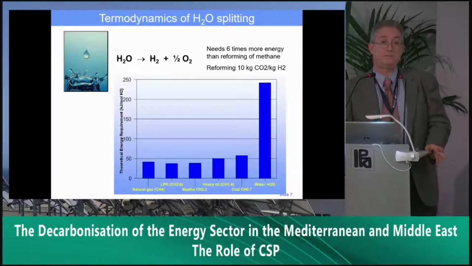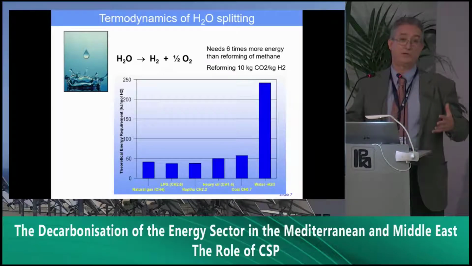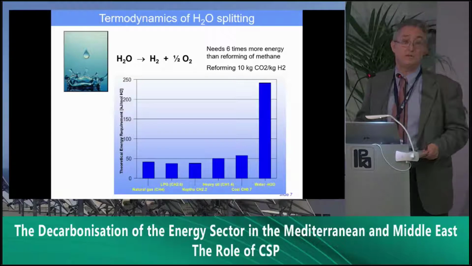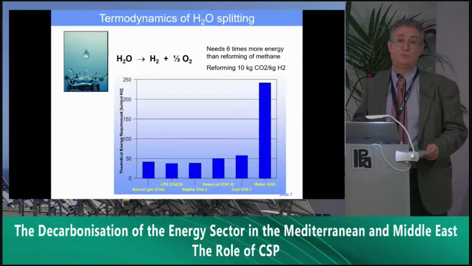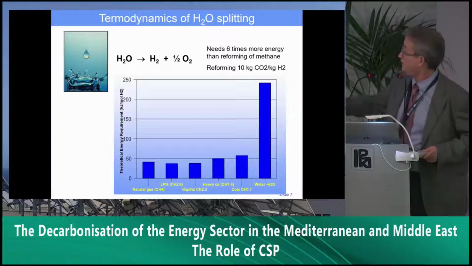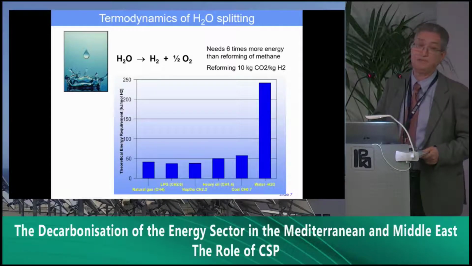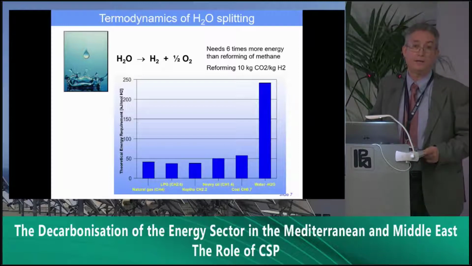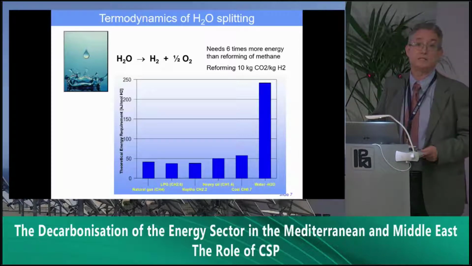But the problem, according to thermodynamics, when we go to these solutions, is the intensive demand of energy that we need to decompose the bond of oxygen and hydrogen. If you see the theoretical energy requirement in kilojoules per mole of hydrogen, you see the explanation why carbon-based bonds or hydrocarbons are much less intensive in terms of energy.